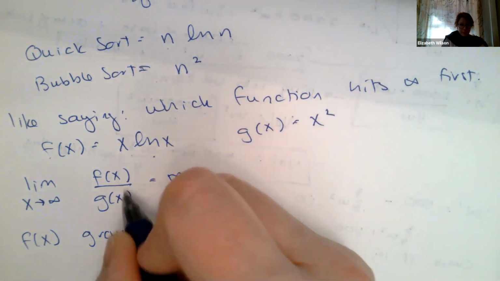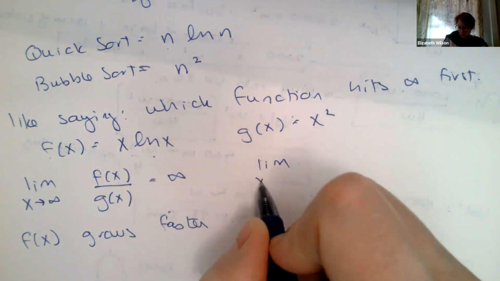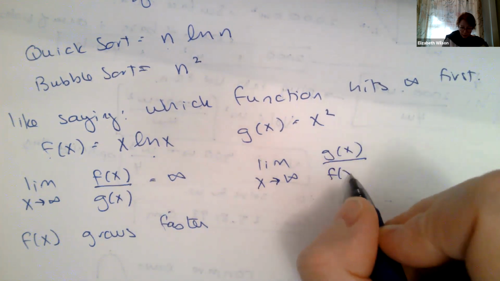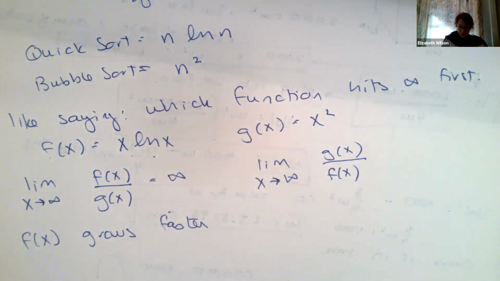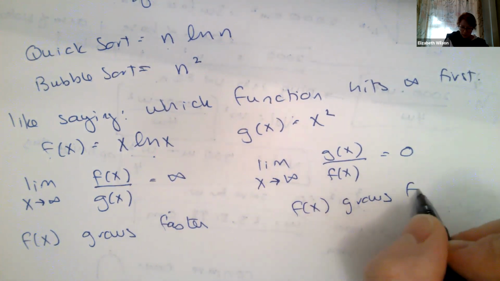And it's hitting infinity first, so my numerator is going to dominate. Let's say, for example, I wrote it like g of x all over f of x, but f of x is growing faster. That means this limit is going to evaluate to 0, right? Because f of x grows faster.